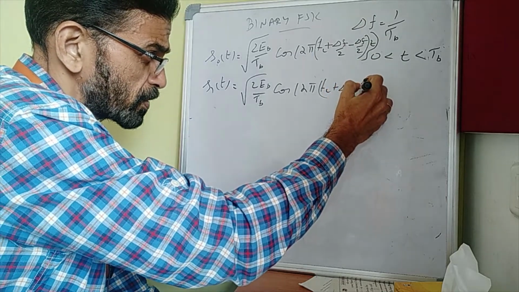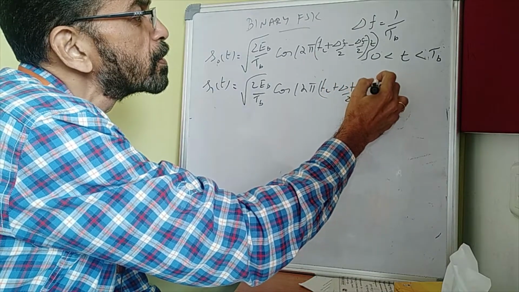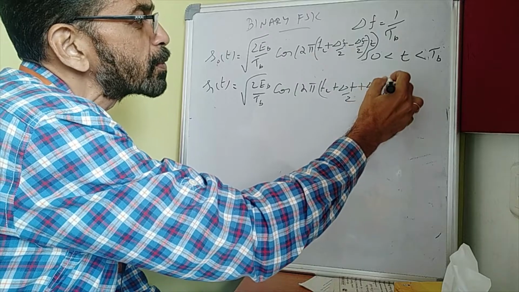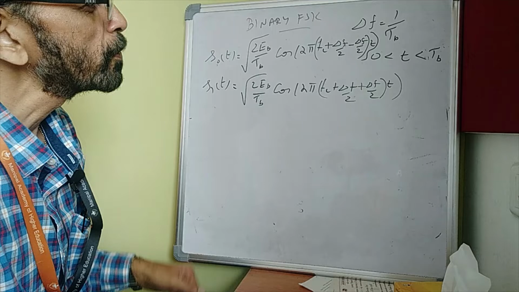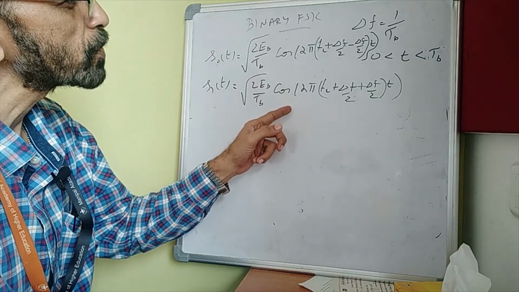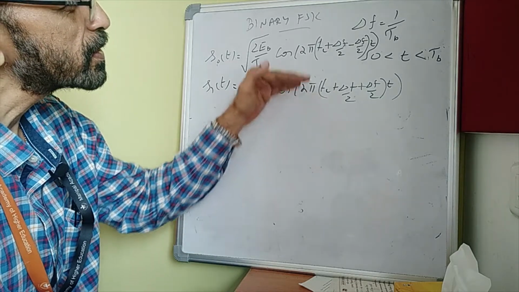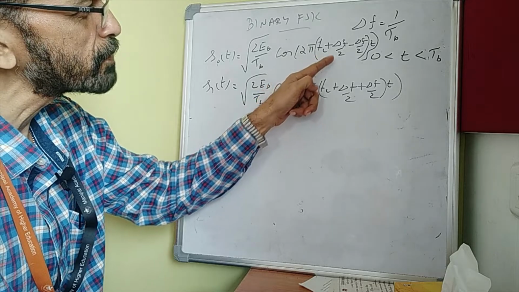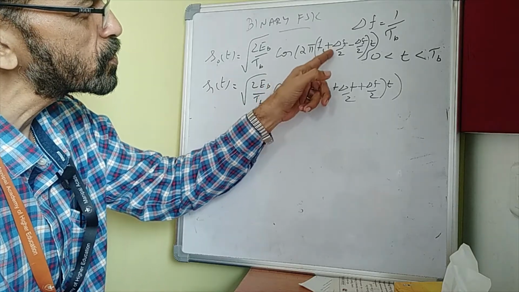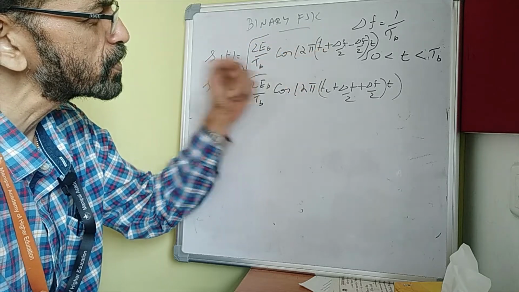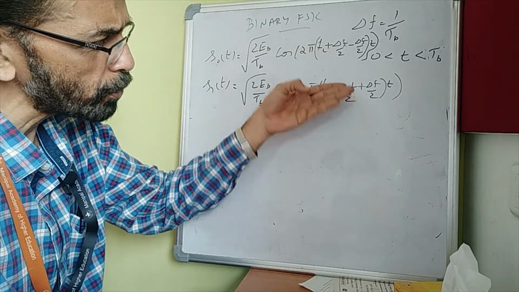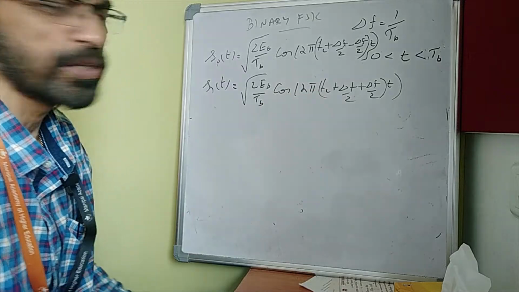And this can be expressed as, again, may look like a trivial thing to do, but as I said, it's going to help us. Now when we compare the two, we see that there is effectively a center frequency which is fc plus delta f by 2, and this deviates by delta f by 2 on the negative side from that center frequency, and this deviates by delta f by 2 on the positive side from that center frequency of fc plus delta f by 2.